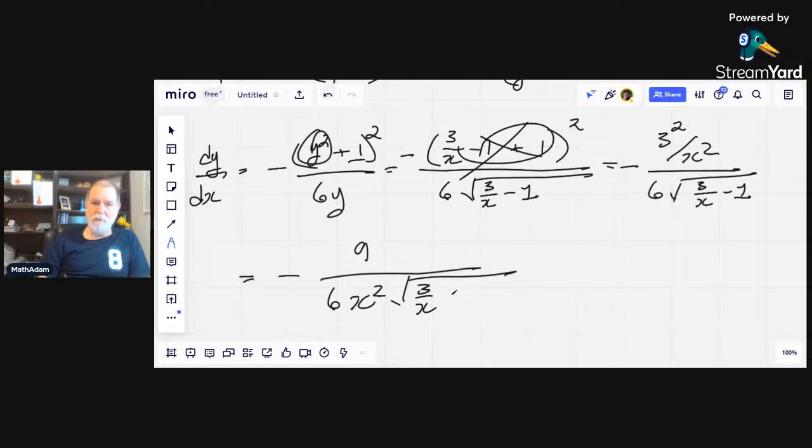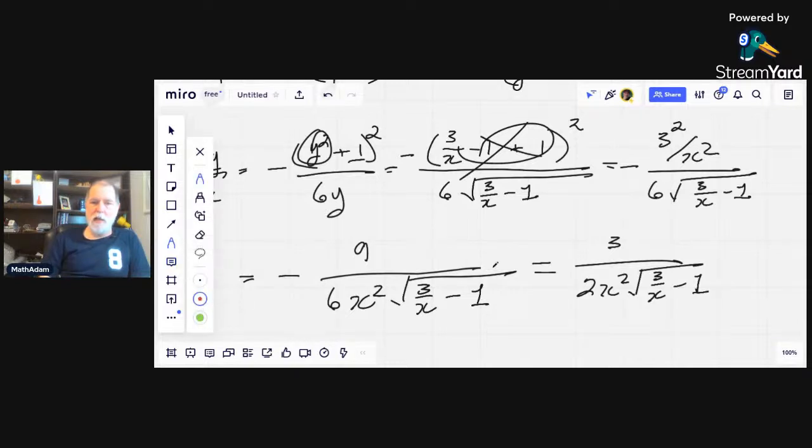You see how little of this is actually calculus, and most of it is just algebra or pre-calculus. Now we want to divide by 3, divide by 3, so simplify that. And that is Bob's your uncle. That's your dy by dx.